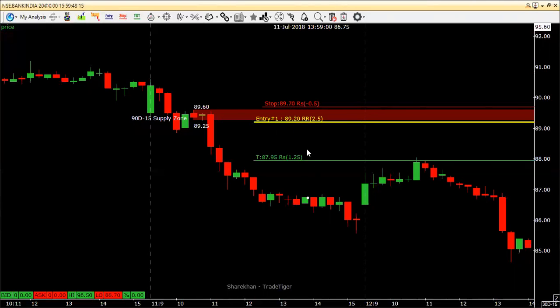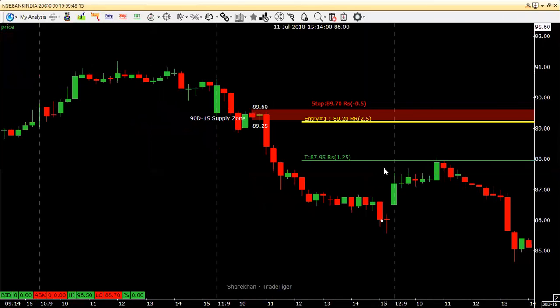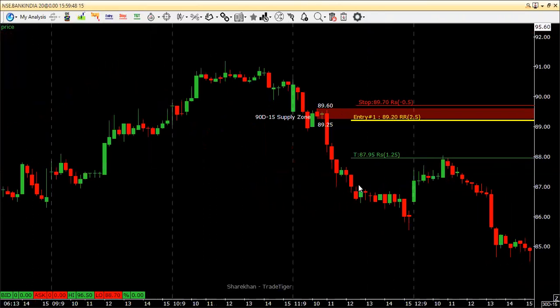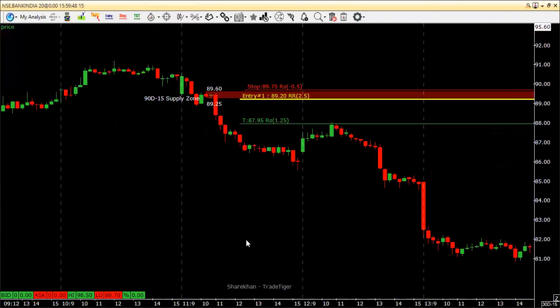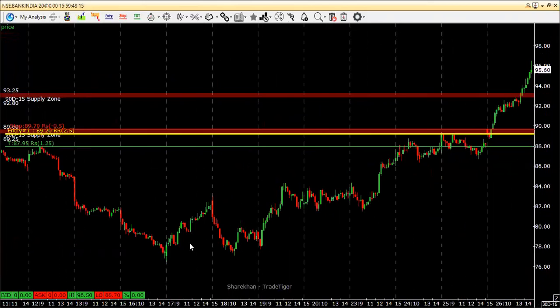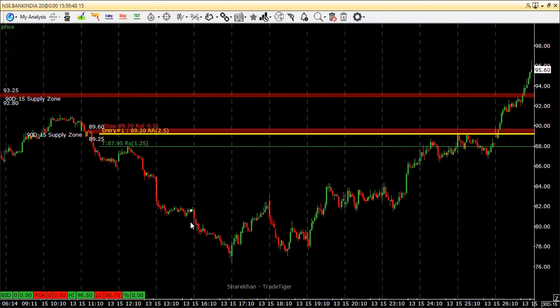I had to wait for a couple of days for this trade to really work out. So after I had planned this trade, 1, 2, 3, 4, 5, 6, 7, 8, on the 9th trading day is when I got a fill into this trade.